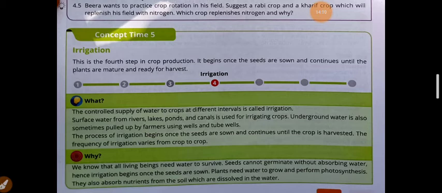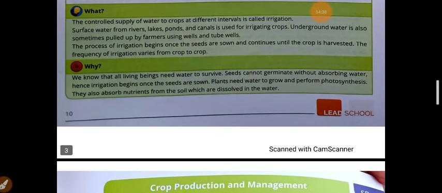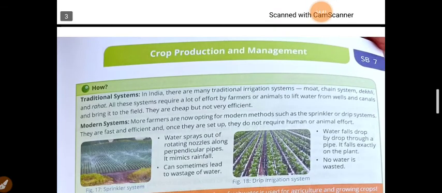The irrigation process will vary from crop to crop. We need it because seeds will not start growing until they get water, all plants need water to grow and perform photosynthesis, and they absorb all the nutrition from the soil.